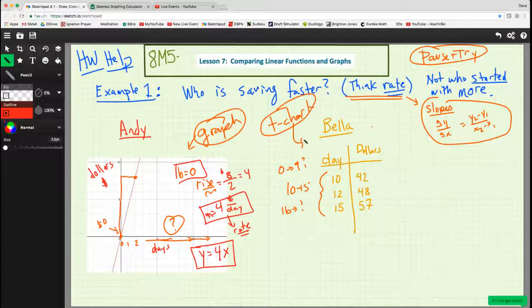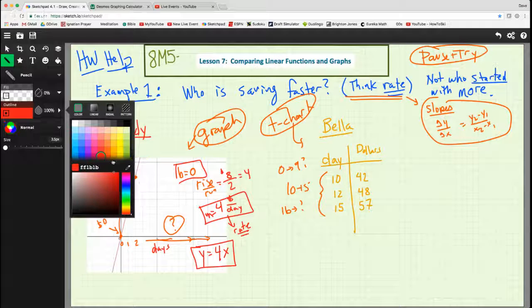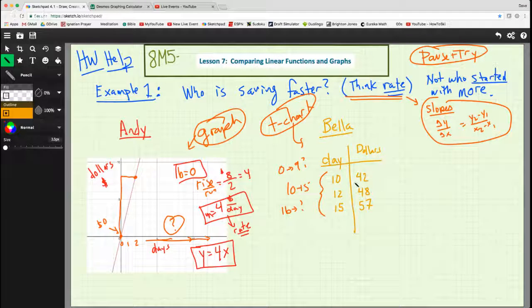Now let's look at Bella. Let's see how Bella's doing with her savings. Well, we just need to find a delta y over delta x. And we can take any 2 points. So let's just take these first 2 points. Our delta y is 48 minus 42 over 12 minus 10.